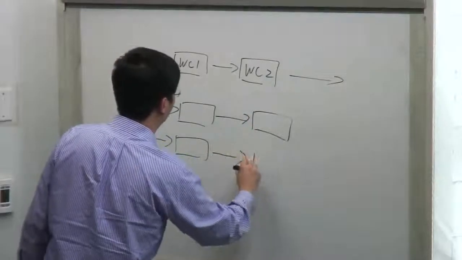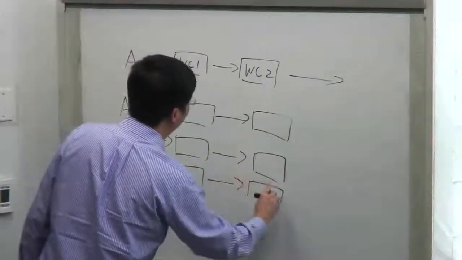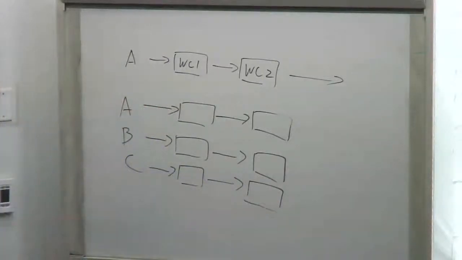If all of them follow these steps, then our goal is to minimize the total makespan, the total time we spend in these 2 work centers. If we reach this goal, we minimize the total idle time, which means the waiting time summed over these 3 jobs is minimized.